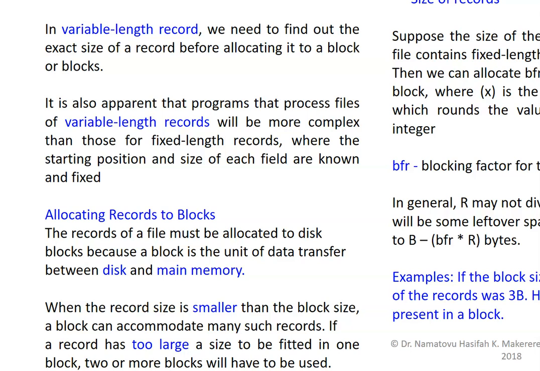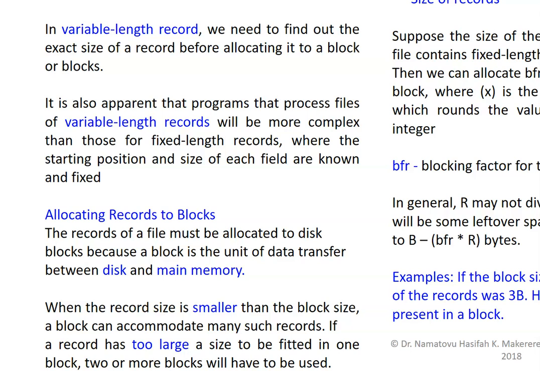If, for example, I am looking for a particular record in a file, what happens is that the block that we presumably think has the record is going to be copied to the main memory.